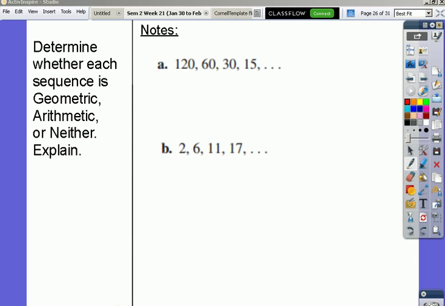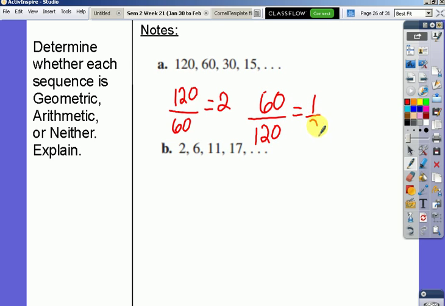Now, I'm glad you made that mistake, because you don't want to take 120 divided by 60, because then you will get 2. But then use some common sense. Each thing isn't doubling, right? So, since each thing isn't doubling, it's going to have to be the other way around, which is 1/2.